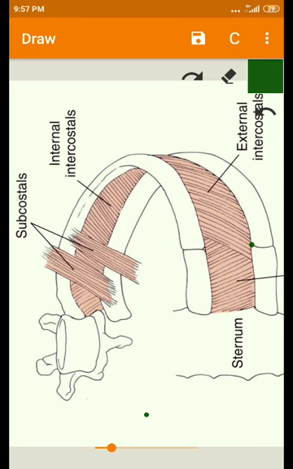Now some recent studies, like EMG and electrical stimulation techniques, show that both interosseous and intercostalis have a similar effect on the ribs. This one also has some similar effect, but it has more function in trunk rotation and flexion. So the main function is done by the parasternals and the external intercostal muscles.